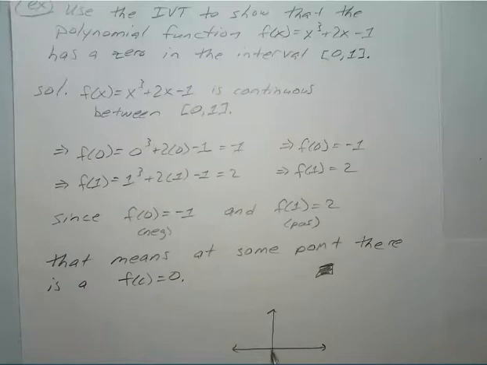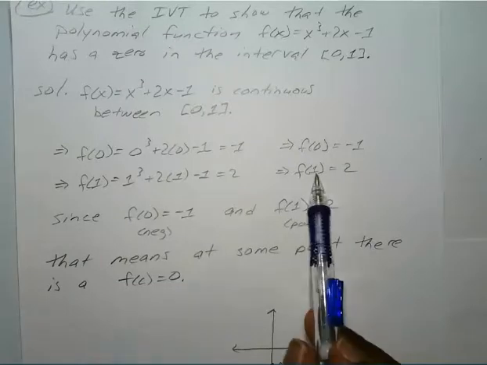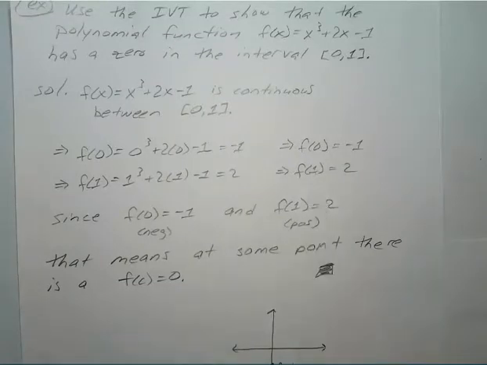When x equals 0, f of 0 is negative 1. Here, when x is equal to 1, f of 1 equals 2.